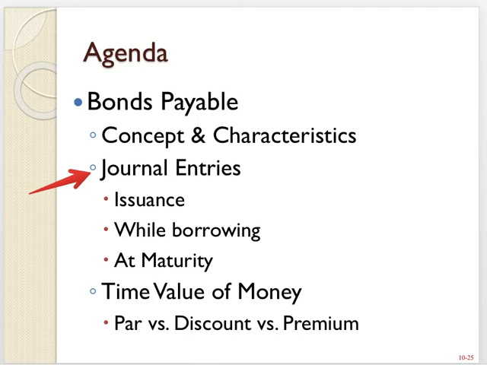And we learned about the journal entries to record the issuance, to record the interest payments while we're borrowing the money, and to record the repayment or retirement of the bond at maturity. And hopefully now you have a good understanding of the basics of bonds so that when we're in class we can go over the more complex topic of time value of money.